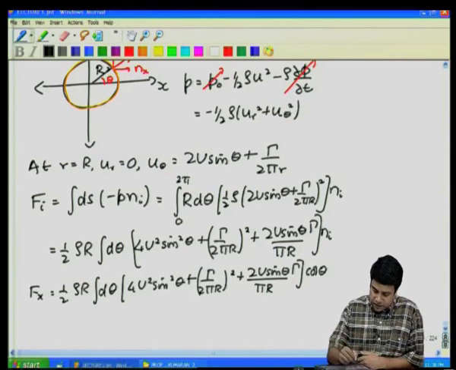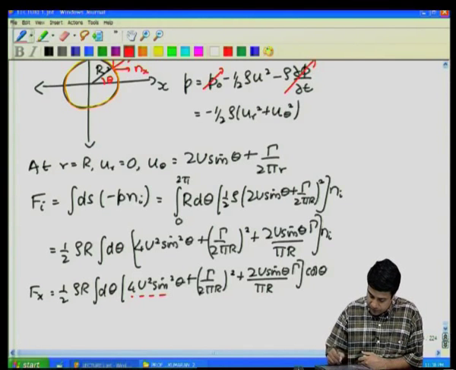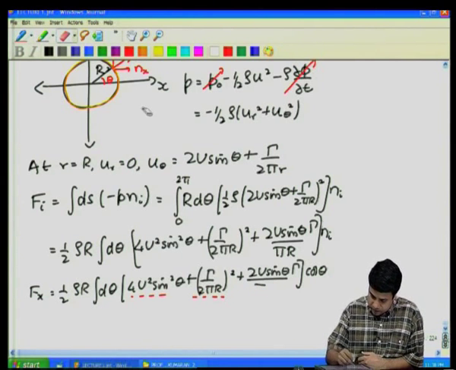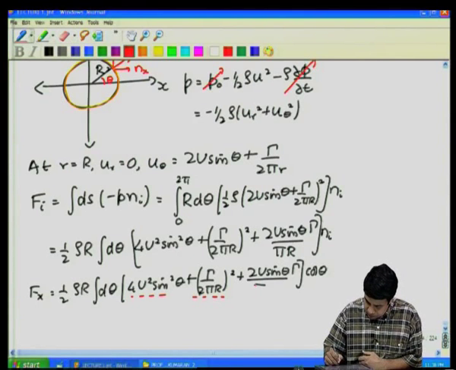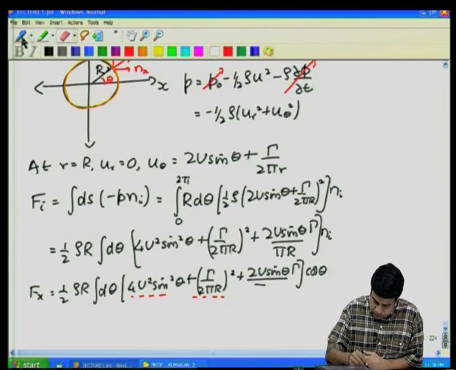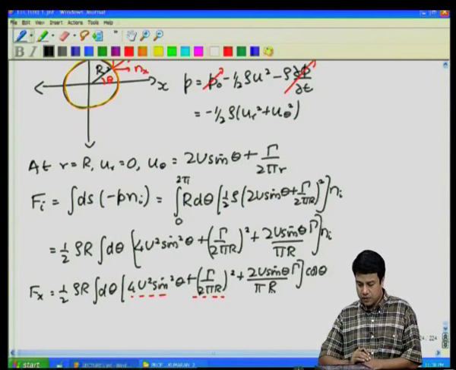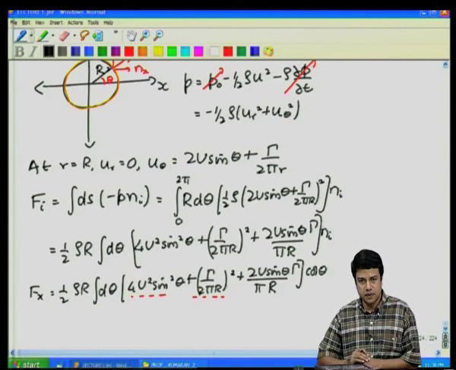You can easily verify that when you multiply the first two terms by cos theta, they end up being odd functions of theta, and therefore, they will integrate out to 0 exactly.